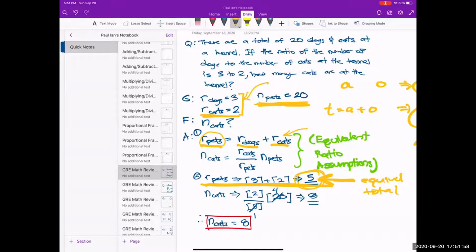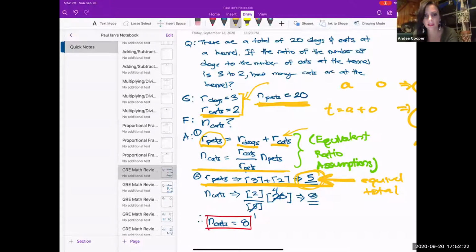Every time they give you a relative ratio, which is the 3 and the 2, or it could be 4 and 1, whatever, it'll be 5, and that's the first step. The second step is to use the real value, which is 20, the total number, and plug it into this equation. You can use this equation for many things.